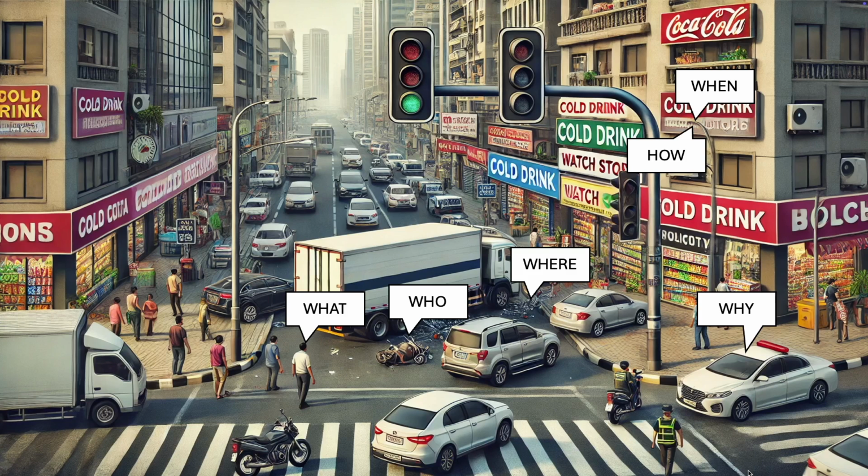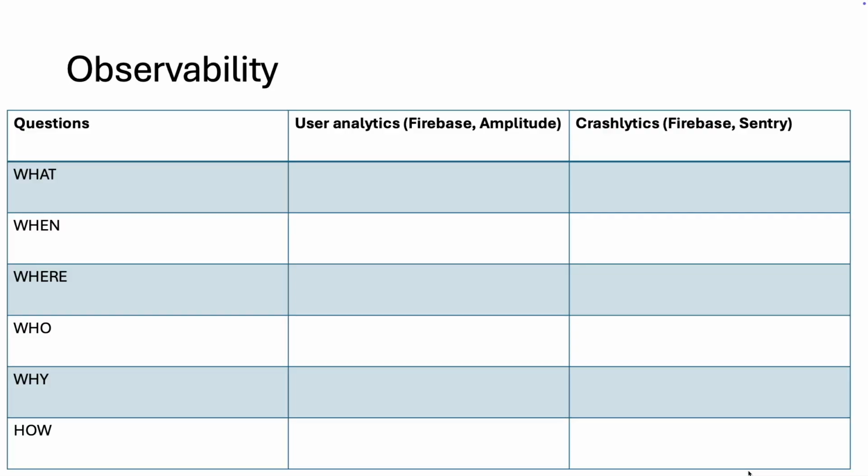So let's think of it in terms of whether the tools that we are talking about, that is user analytics and Crashlytics, are able to answer these questions. User analytics does answer the what question, what happened. It detects the user screen events, screen views, and user engagement on that particular screen. Crashlytics detects the crashes, whatever errors have occurred.